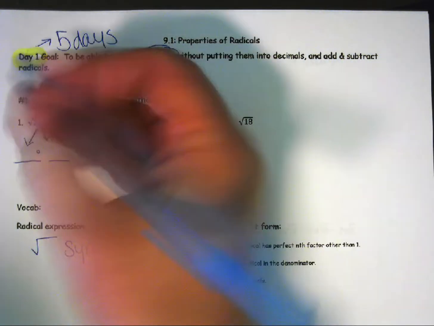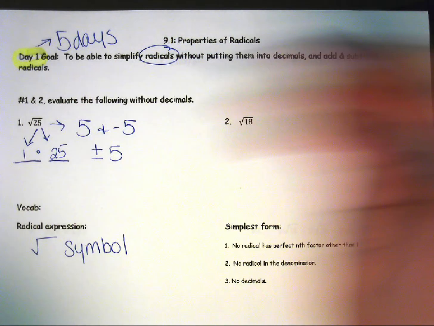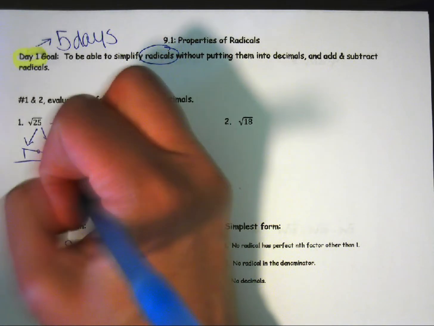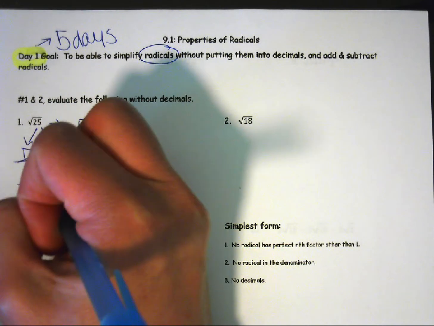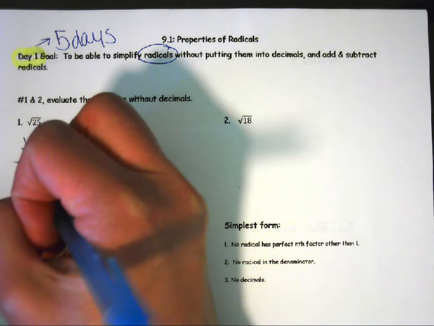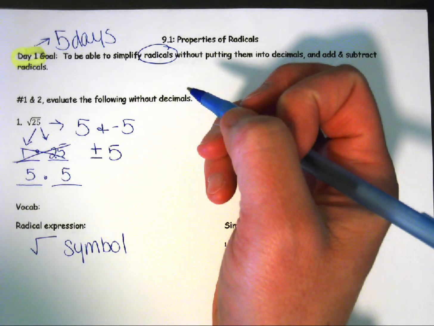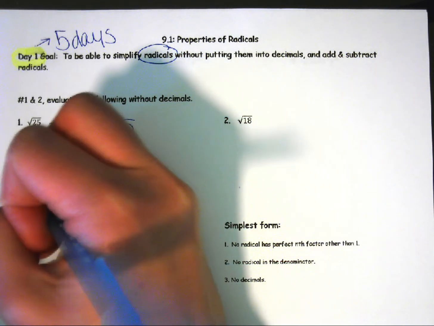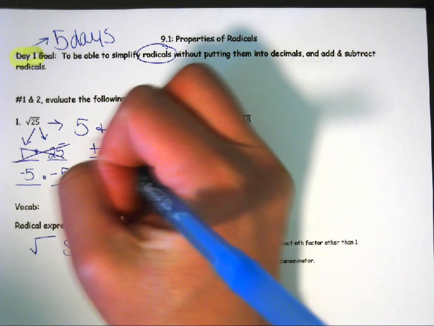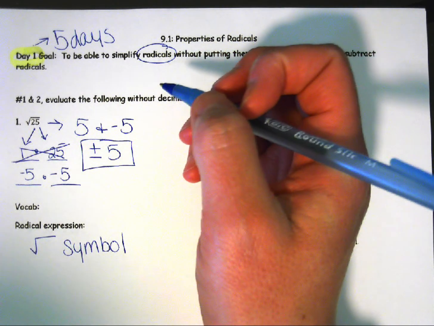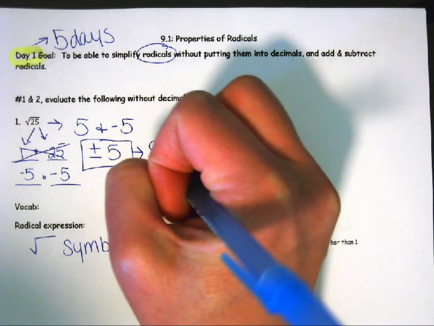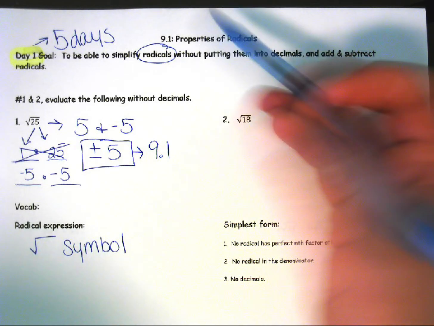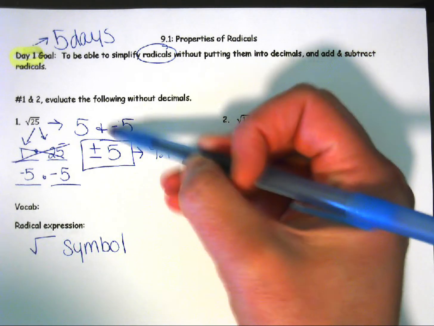So I could not use 1 and 25. That doesn't work because it's not the same number. So the only numbers I could use would either be positive 5 times 5 or negative 5 times negative 5. Okay? Now this is the correct answer. But in this lesson in 9.1, we're not going to worry about this negative answer.